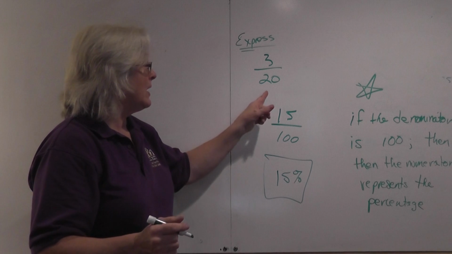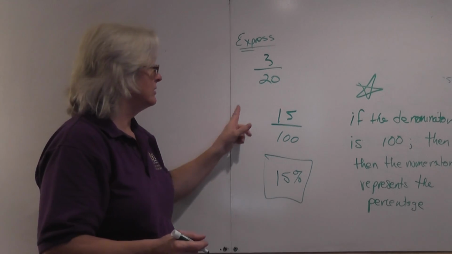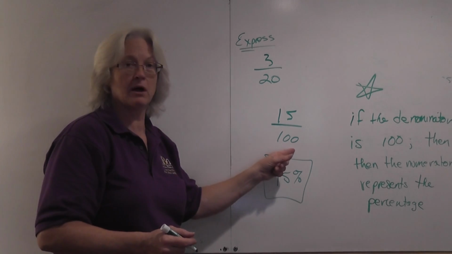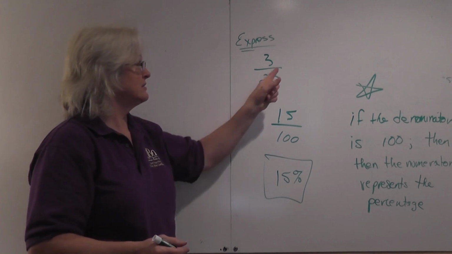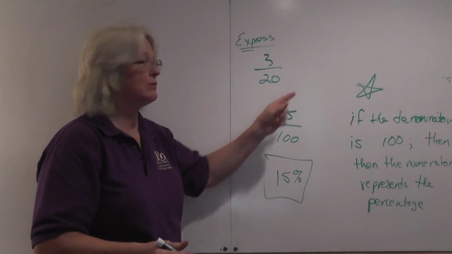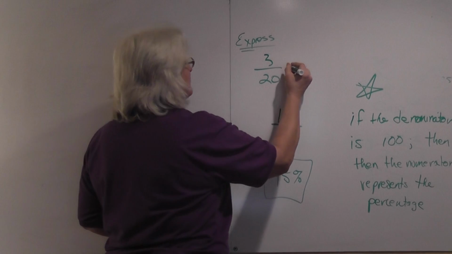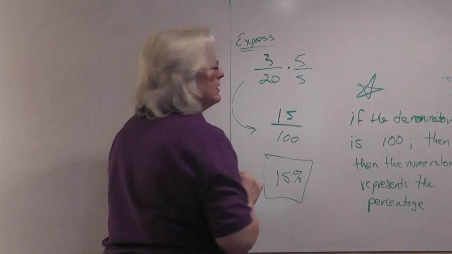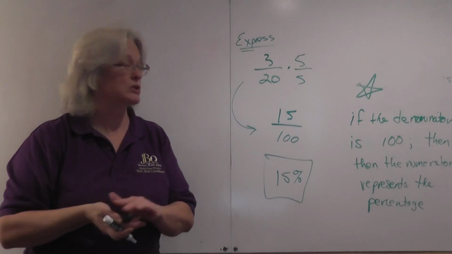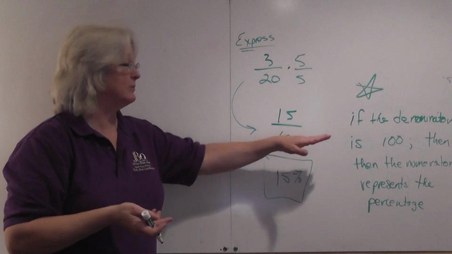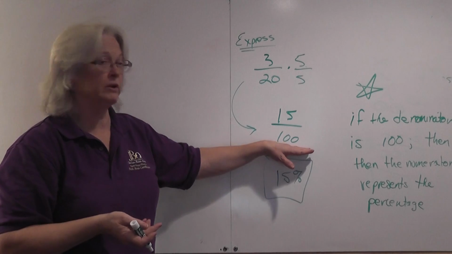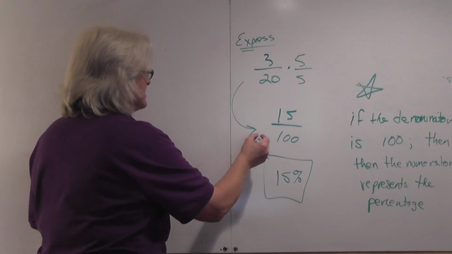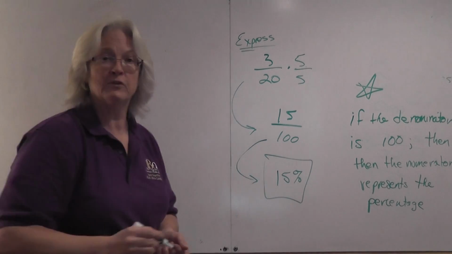How? By renaming this fraction as an equivalent fraction with a denominator of 100. So you had to say, okay, if I multiply both the numerator and the denominator by 5, then I have an equivalent fraction that is 15 over 100. Because it's 100, then I can do the final step and say that that's equal to 15%.